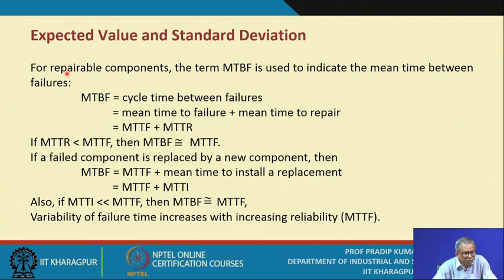So what we are saying, for repairable components, the term MTBF is used to indicate the mean time between failures. Is it okay? That means as soon as the failure occurs, then you start repairing. So you go for repair. You take a repair time, and repair time is also a random variable in the majority of cases. Is it okay?